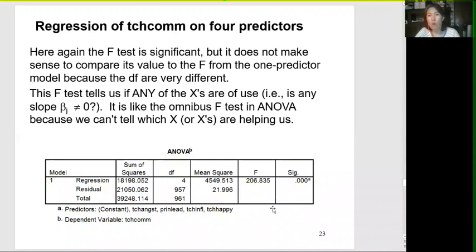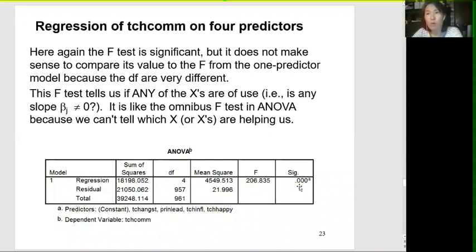Once you see the overall model is statistically significant, the next step is the individual slope test, which is the t-test. So you need to find out which X variable is statistically significant. Does it make sense? If your F-test is not statistically significant, you don't need to go to the individual slope test because you already know none of them is statistically significant.